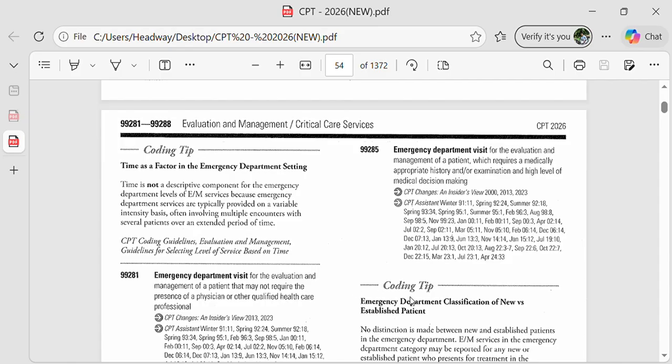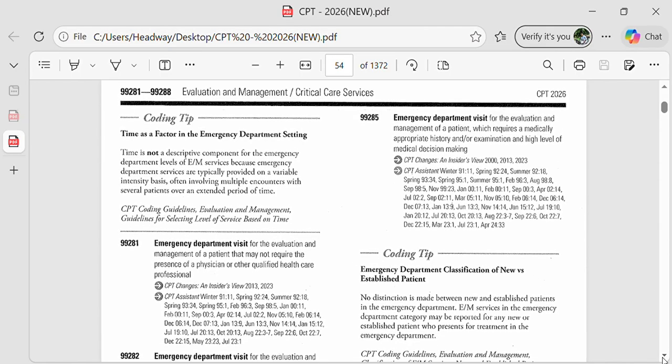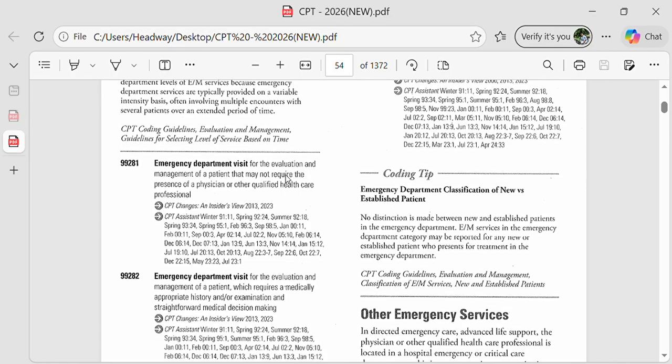99281. Okay, 99281. Just see the description. What is there in 99281? Emergency department visit for the evaluation and management of the patient that may not require the presence of a physician or other qualified healthcare professional. That means he came to the hospital. I already told you one case: the patient is very thirsty and came to the hospital, or the patient is feeling hungry and came to the hospital.